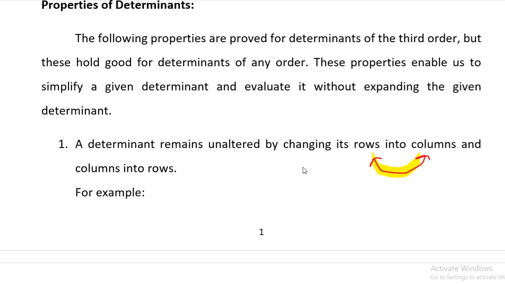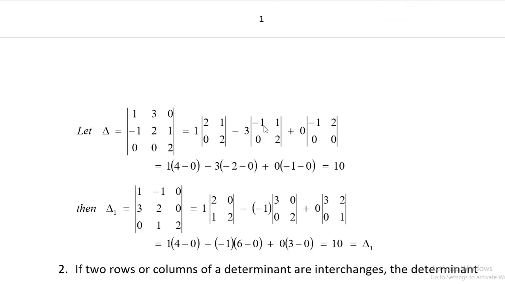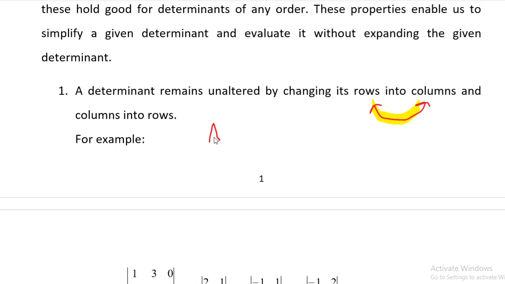So a matrix and its transpose have the same determinant. I can write this as the determinant of A transpose is equal to the determinant of A.